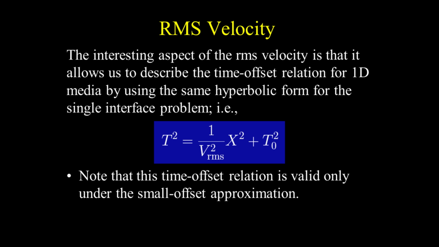The interesting aspect of the RMS velocity is that it allows us to describe the time offset relation for 1D media by using the same hyperbolic form as for the single interface problem.